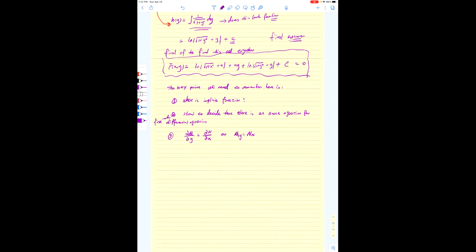Then one of the integration techniques we use here is trig substitution. Use the reference triangle properly. Okay?